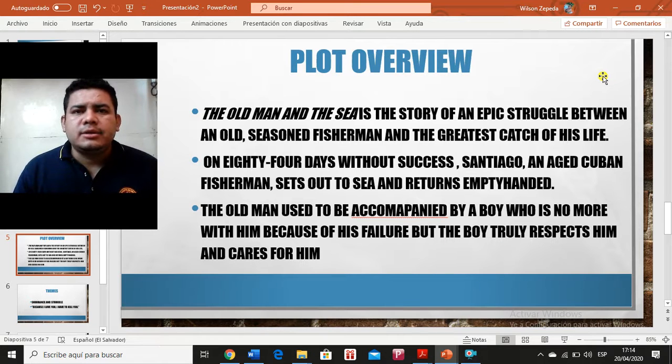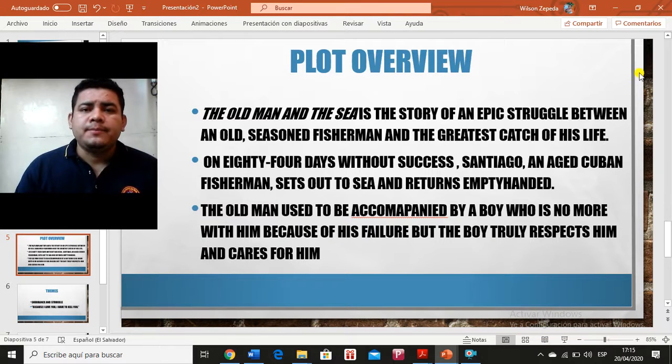Not disappointed because he has already caught it, and he has the skull of the fish, all the parts, the head, the other part of the fish with him, and the other fishermen see what Santiago has caught, and then they believe that Santiago now can be released, and he can be happy because he has fulfilled the dream of his life, which is catching the fish after 84 days.